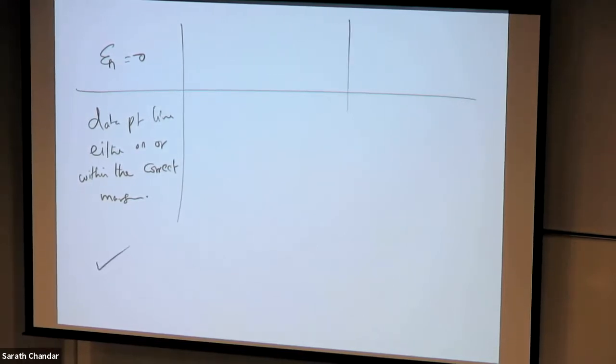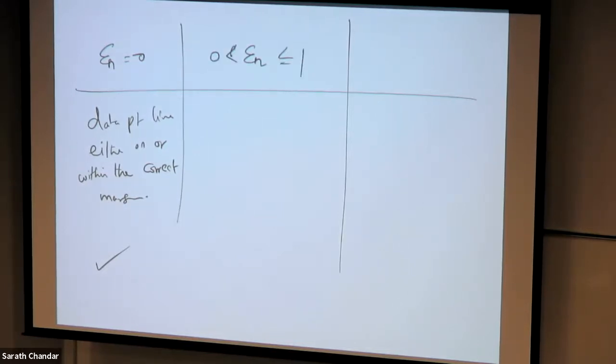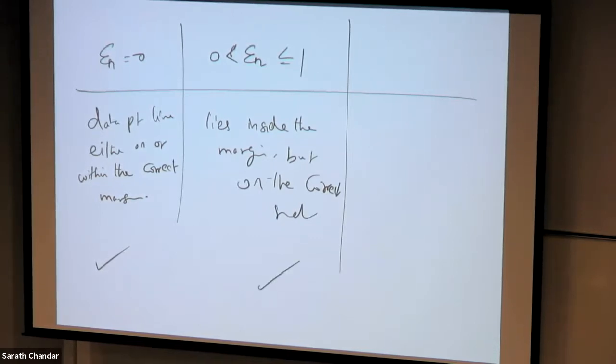Now, if the epsilon value is between 0 and 1, you are lying inside the margin, but on the correct side. You are still on the correct side, which means the data is still correctly classified. However, if epsilon_n is greater than 1, then it lies on the wrong side, which means the data point is wrongly classified.